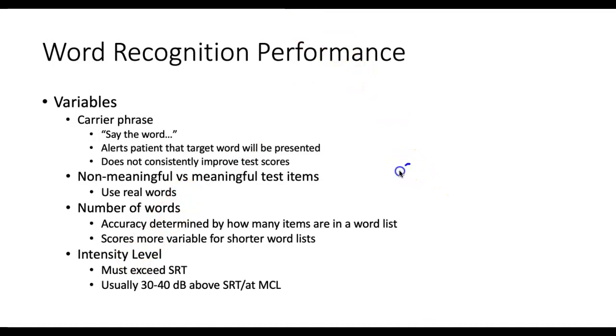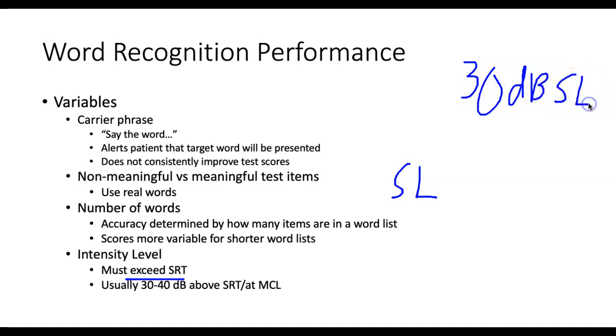So let me do a concept here real quick. There's a concept called sensation level, SL, and that was in one of the other chapters. So sensation level is essentially a level above SRT. Let me give you an example. If I wrote down that I tested somebody at 30 dB SL, this is always relative to their SRT. All right. So here's an example.